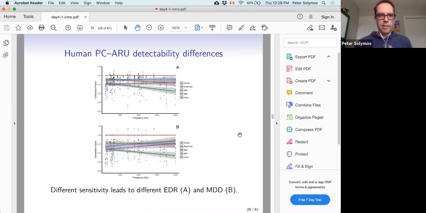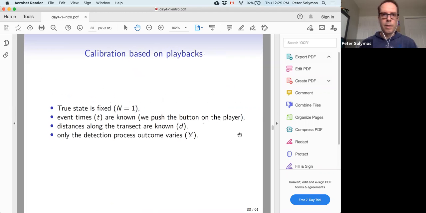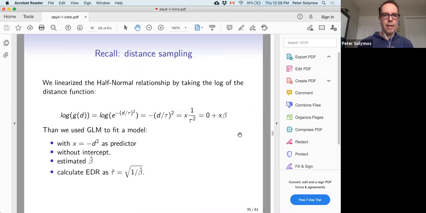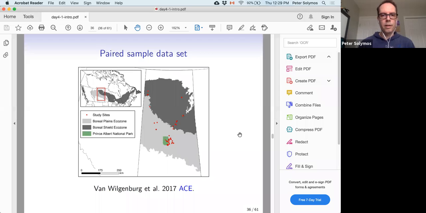So one particular study we did is when we had paired sampling happening at the same location, same times. This way we could compare these methodological differences, because true abundance is the same no matter which technology you are using in the field.